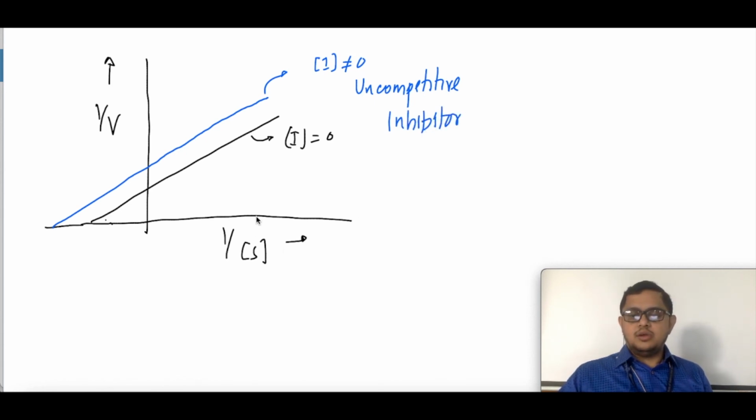So by looking at this graph, you can identify whether this is an uncompetitive inhibitor. So this is all about your uncompetitive inhibitor kinetics, how the equation is varying with respect to this inhibitor. Thank you.